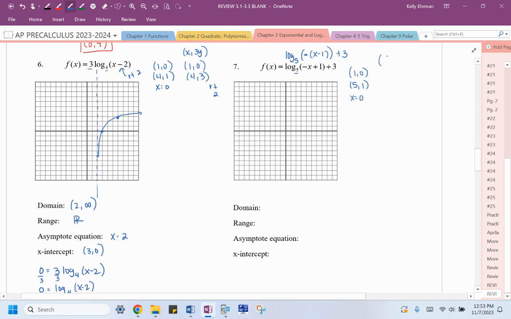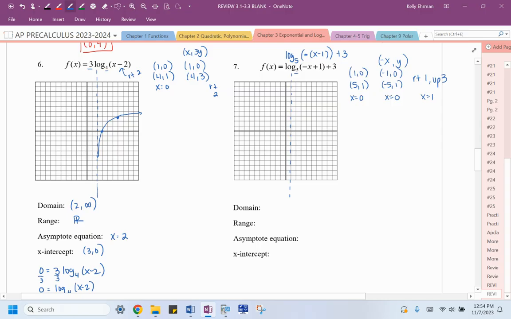The negative on the inside means every x gets multiplied by negative 1. So this is going to be negative 1, 0, negative 5, 1, x equals 0 is still x equals 0. And then you're going to go right 1, up 3. Right 1 is going to change the vertical asymptote to x equals 1.